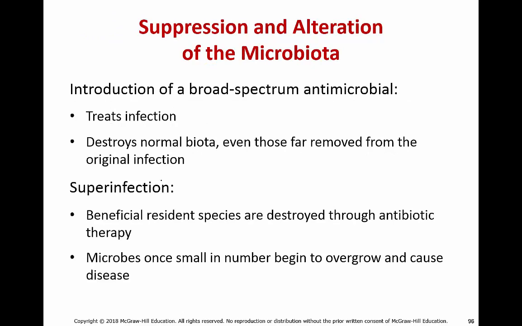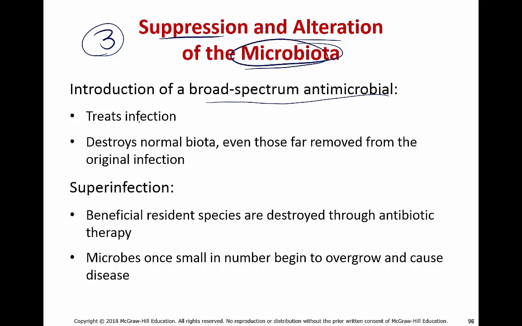So the other thing is suppression, and this is the third one, suppression and alteration of microbiota. So when you take a broad spectrum antibiotic, it treats the infection, that's the bad guys, but it also destroys your normal microbiota, which are the good guys.